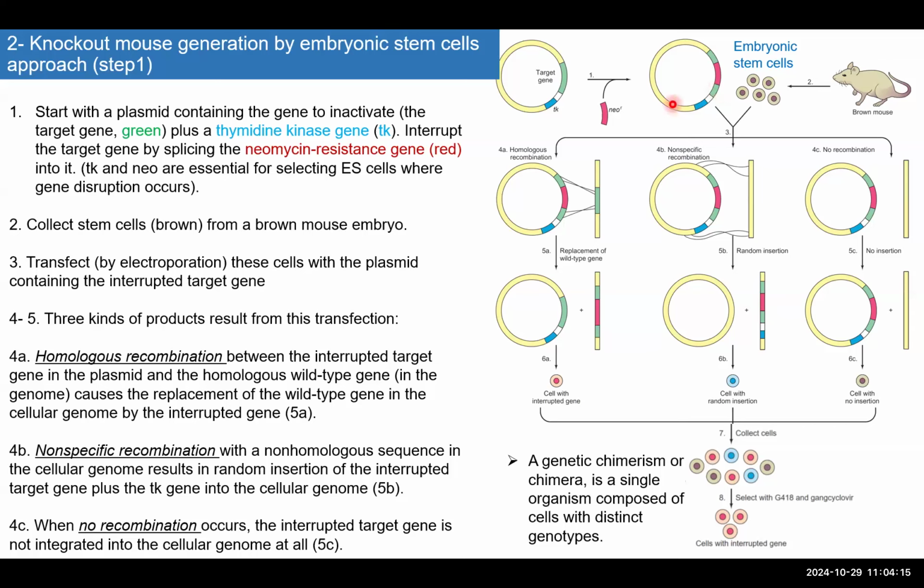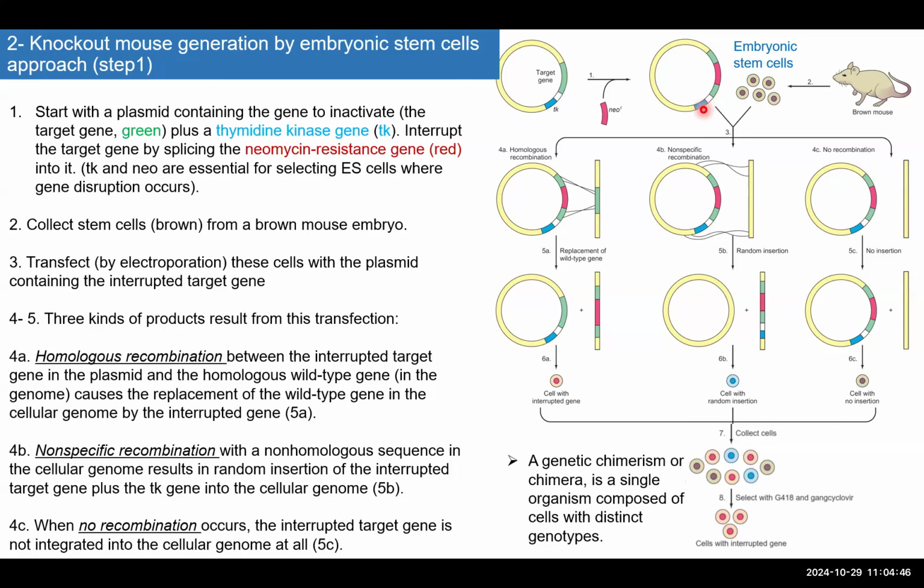We removed exon number 2 and we introduced there the neocassette. Okay, now I have a plasmid where the gene is interrupted, there's no exon 2, there's only the neocassette. So it can have a neomycin resistant, and at the same time, it is sensitive to a drug that is processed by the thymidine kinase.